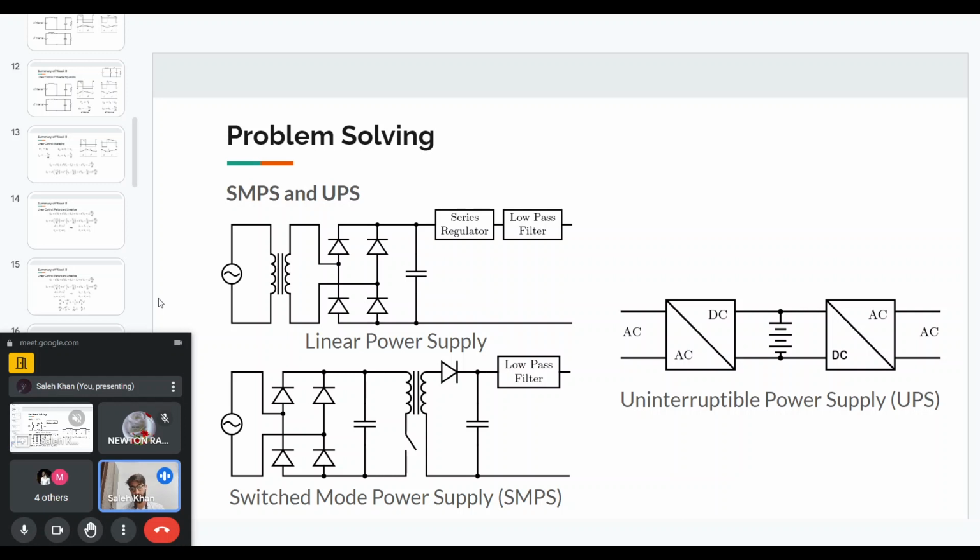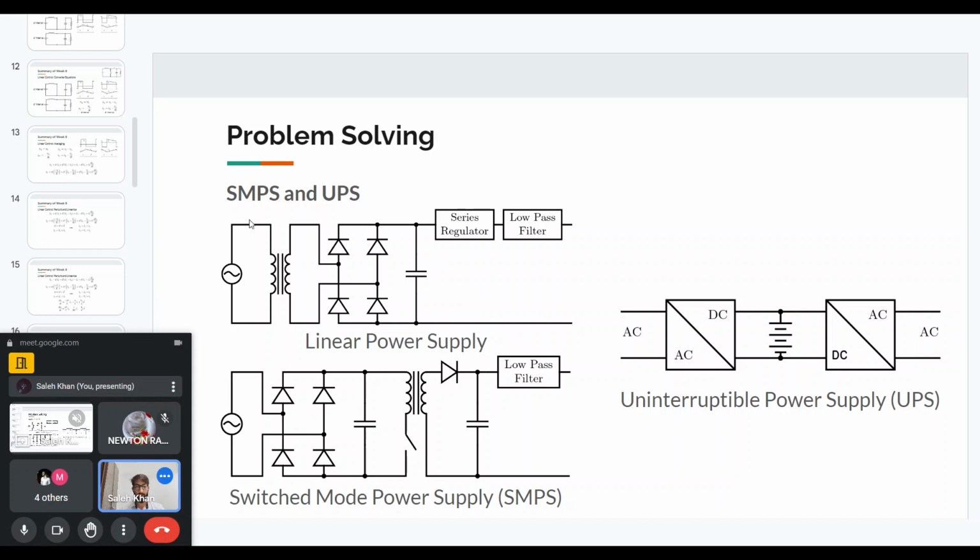And then we require very small voltages, like 10 volts, 12 volts, 20 volts, for our laptops, computers, battery and phone chargers. For these supplies, we have two options: linear power supply and switch mode power supply.